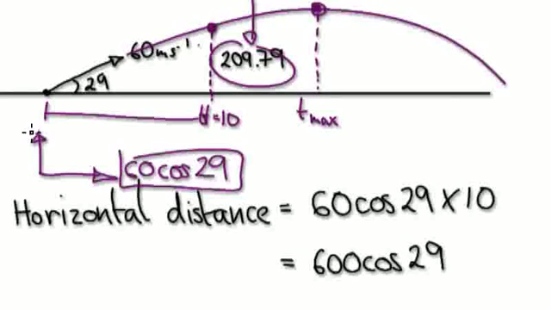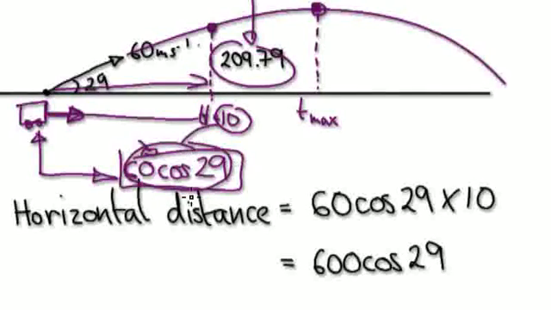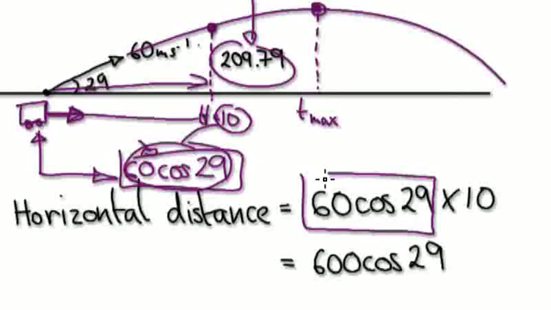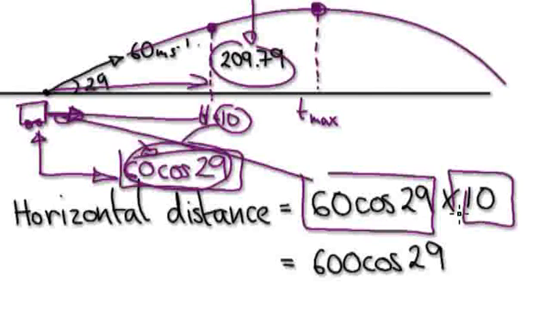Imagine you and your dad sitting in a car, and your dad is traveling at this speed, 60 cos 29, and you're traveling for 10 seconds in this direction. So just times this thing by 10 to give you the horizontal distance. This is like the speed of the car, and then you times it by 10.